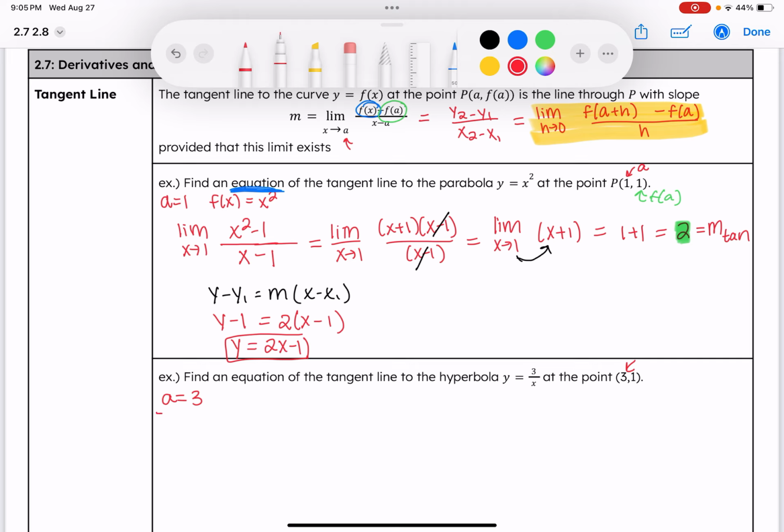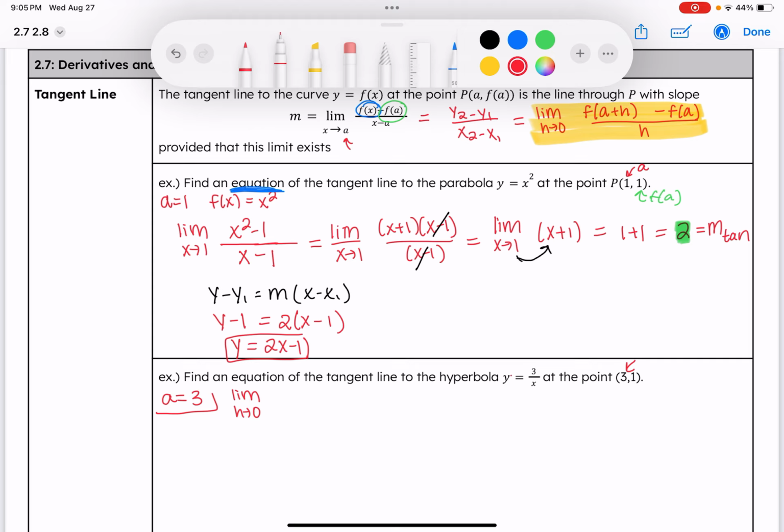Okay, so using your definition of a derivative, that limit notation, we have the limit as h approaches 0 for f of a plus h. Up here, we have this 3 over x.